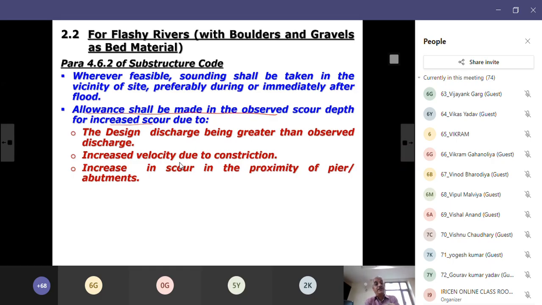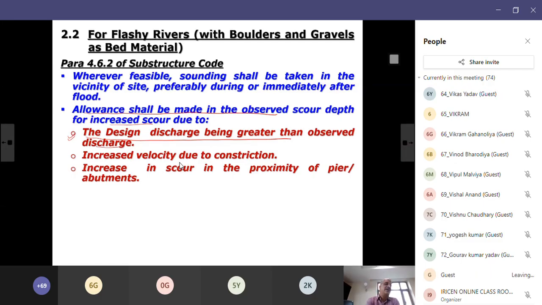So the design discharge being greater than the discharge when you took the sounding, some allowance is due to this factor. How much allowance depends on the slope, the type of material, either based on experience, some literature, or you do hydraulic modeling after taking field observations.